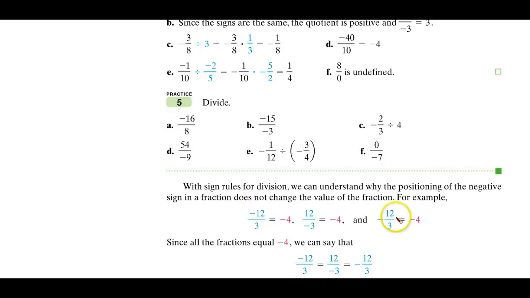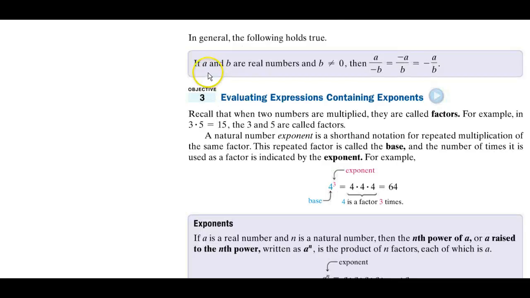So all of these, in a sense, are equivalent, and by convention, the most common place to put that negative sign, as I mentioned earlier, is by that division bar. And they summarize it in our textbook by saying this. But again, our denominator cannot be 0. That's why they're giving this qualifier. B cannot be 0, our denominator. And by convention, they put it by the division bar.